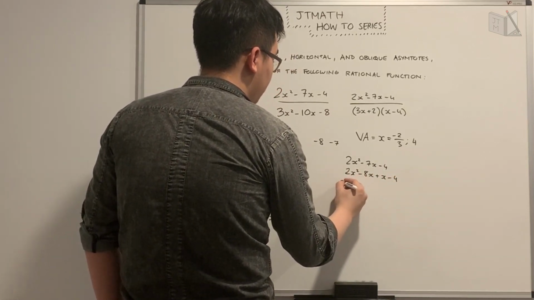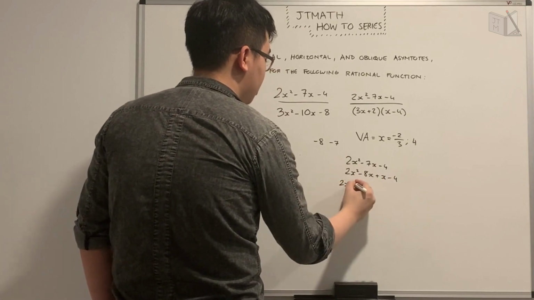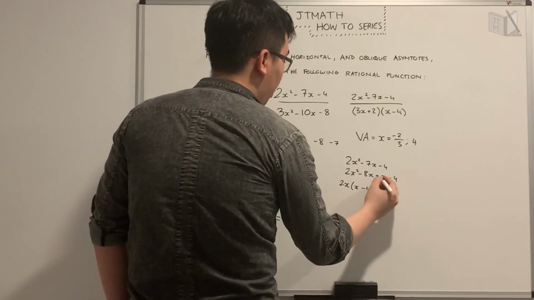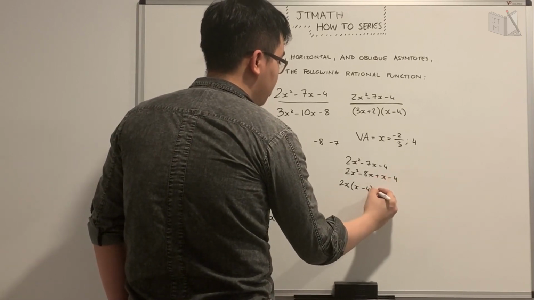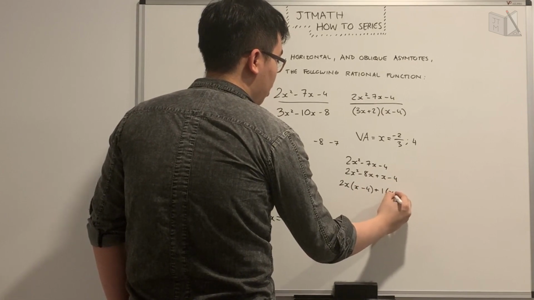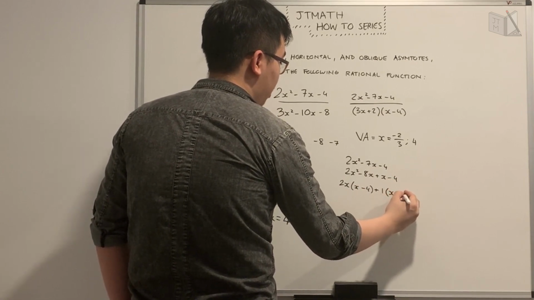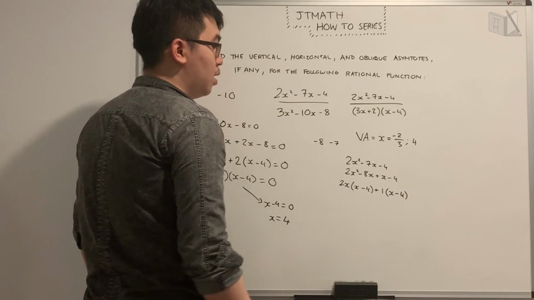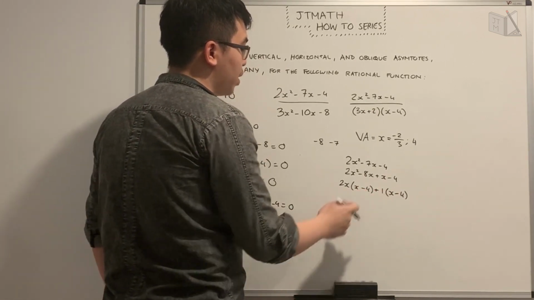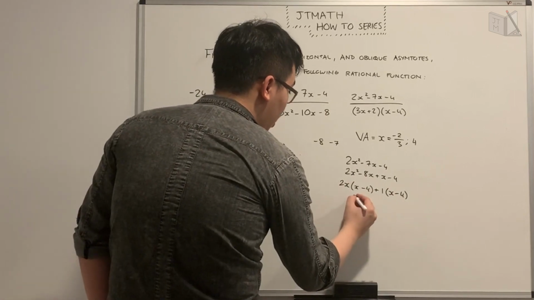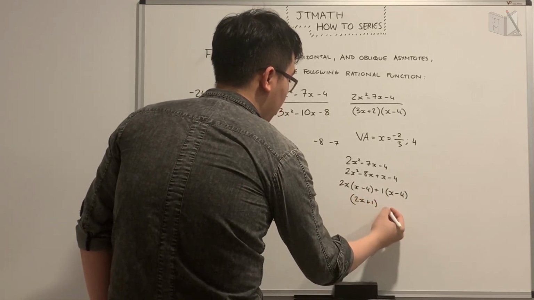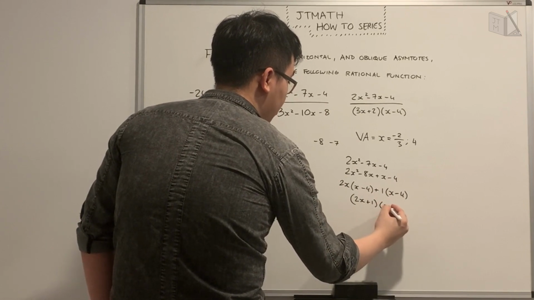Here we can take out a 2x from each of these terms, leaving x minus 4. Here we can't take anything out, so we just take out a minus 1, and the inside of the bracket remains the same. You'll notice once again that these two factors are identical, so we can cancel one of them out. Our final two factors are going to be 2x plus 1 and x minus 4.